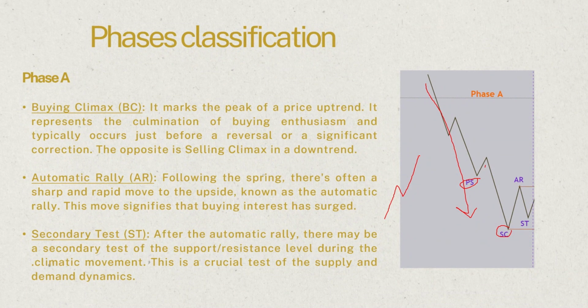So you have a climatic action, and then it shows the culmination of buying enthusiasm, and typically occurs just before the reversal or correction. So you have this, and then you have automatic rally, and then you have your secondary test, a test of this particular zone.